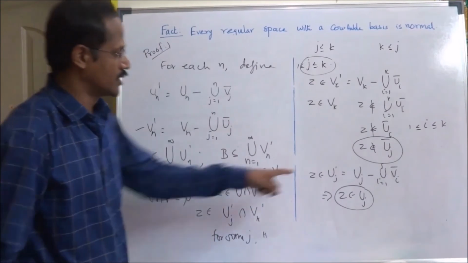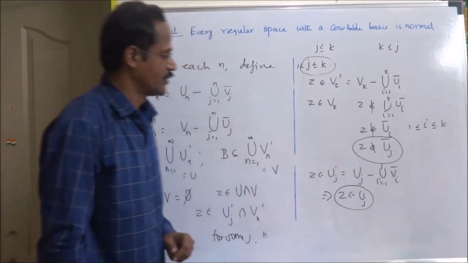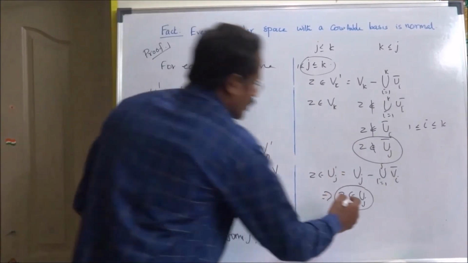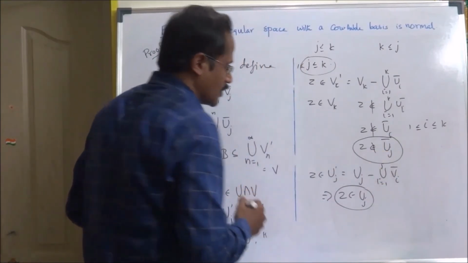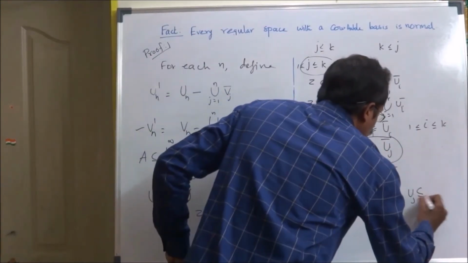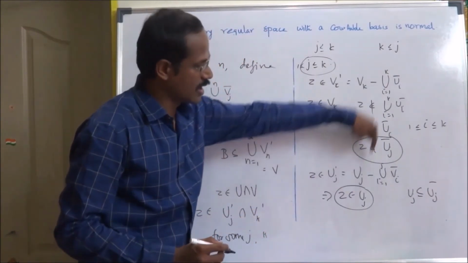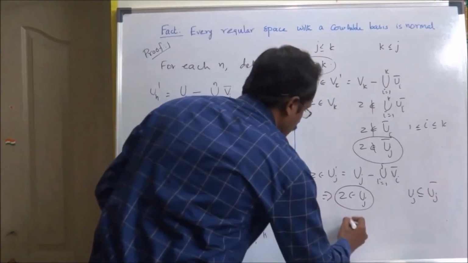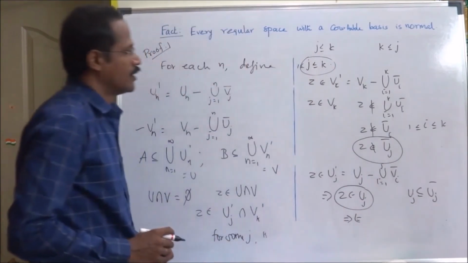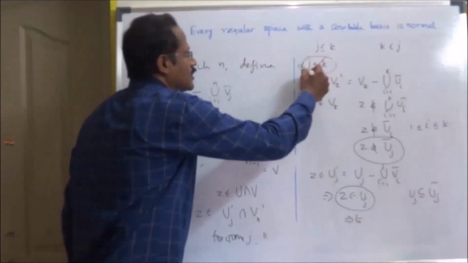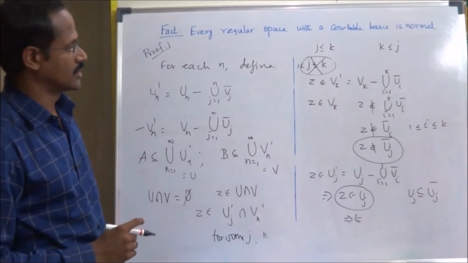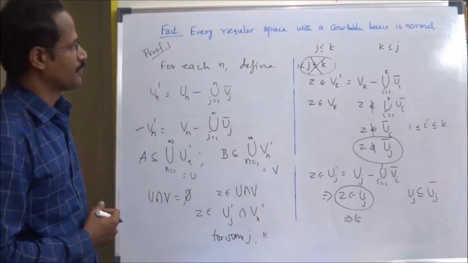Here Z is not in Uj closure, and Uj is a subset of Uj closure. So therefore you get a contradiction. Z is a point of Uj but not in Uj closure. Therefore this case is not true; this case will not arise.